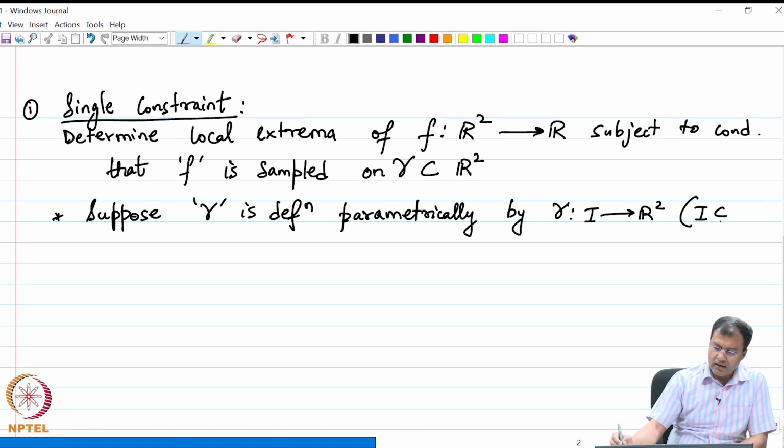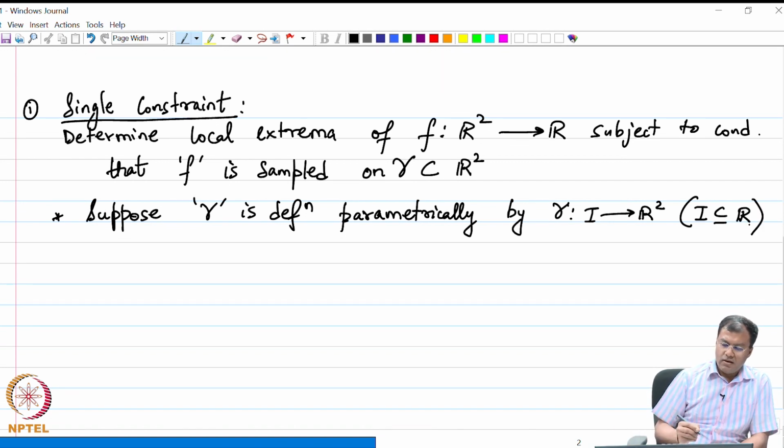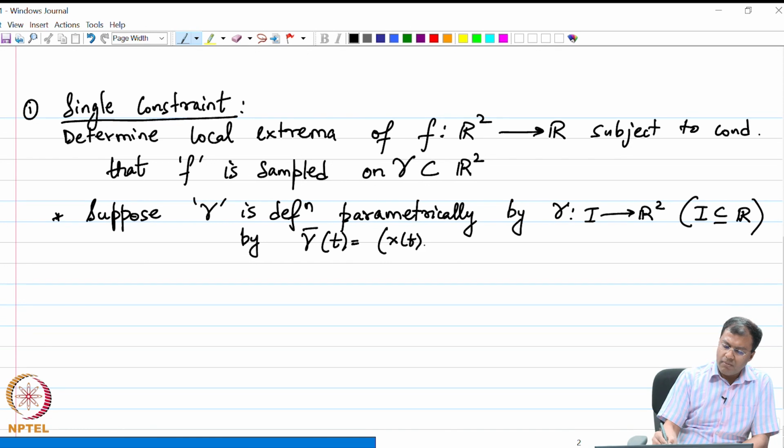I is a subset of the real axis, so my parameters are all real numbers. Let us say gamma of t is equal to (x of t, y of t). So gamma is a function into R squared, where t is in the interval I, which is a subset of R.